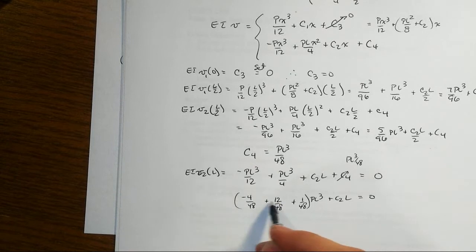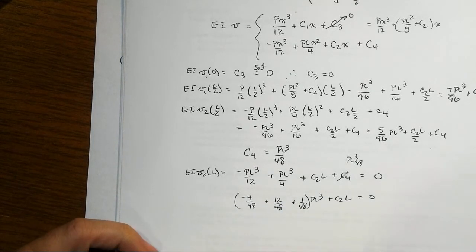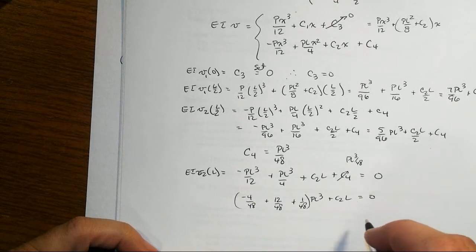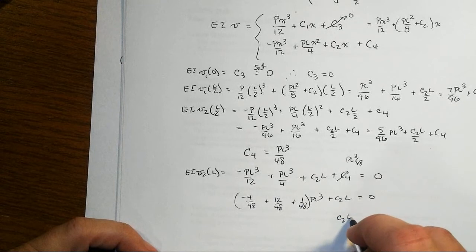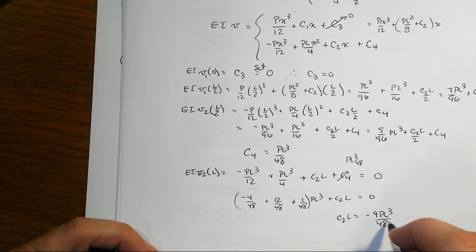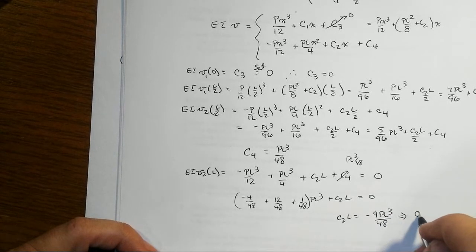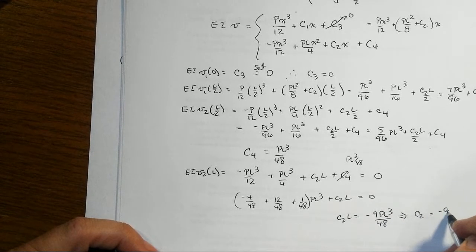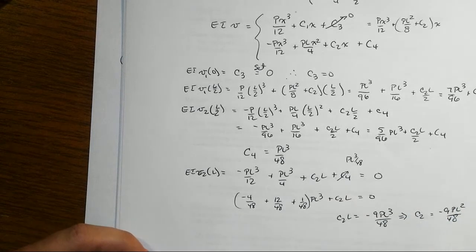And so that's going to be a 9 over 48. It looks to me like C2L equals minus 9PL cubed over 48, or that C2 equals minus 9PL squared over 48.